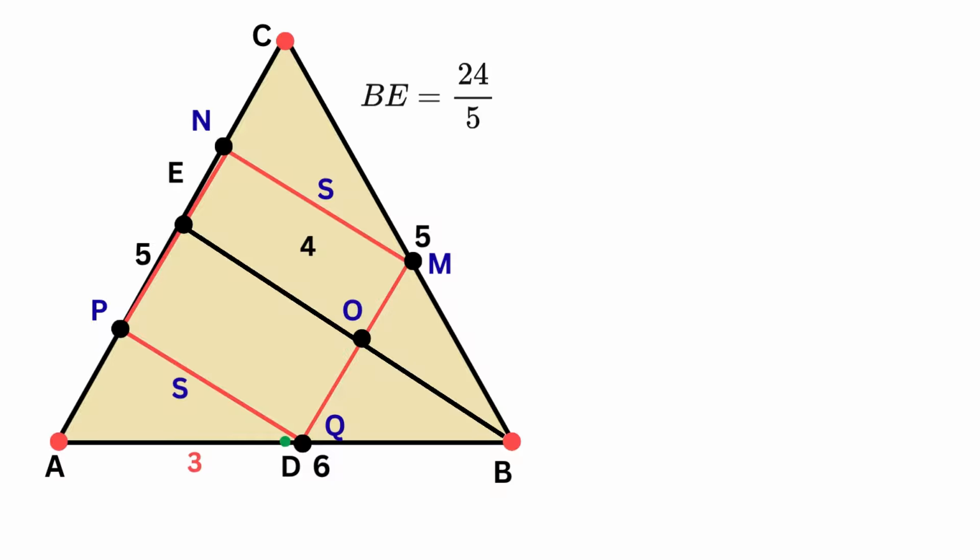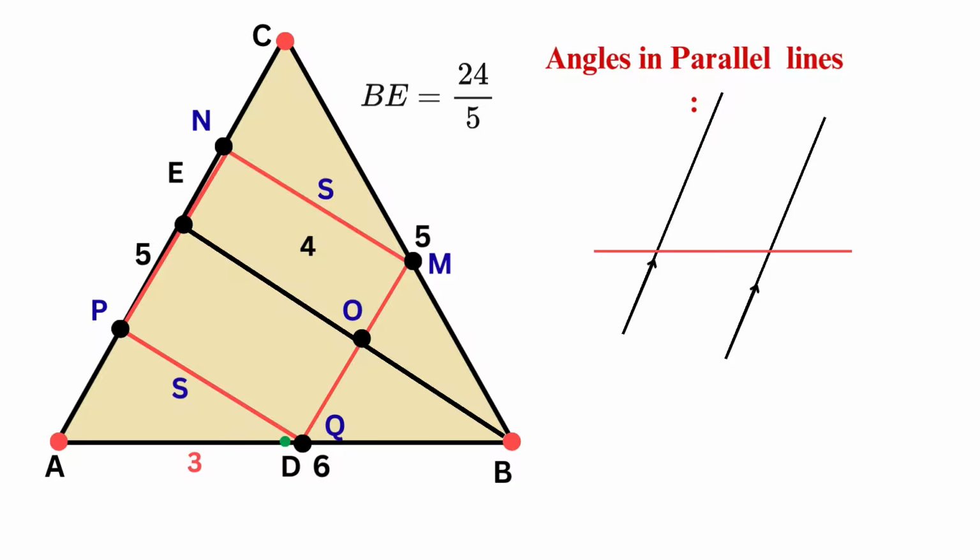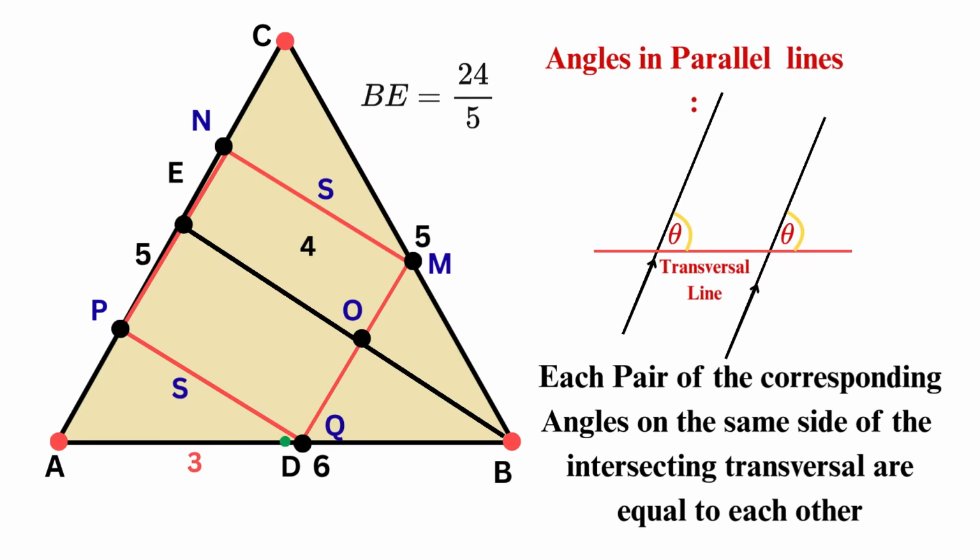Now, here we use an interesting property of angles in parallel lines, which states that if we have two parallel lines and we draw another line through those lines, which is called a transversal, then each pair of corresponding angles on the same side of the intersecting transversal are equal to each other.